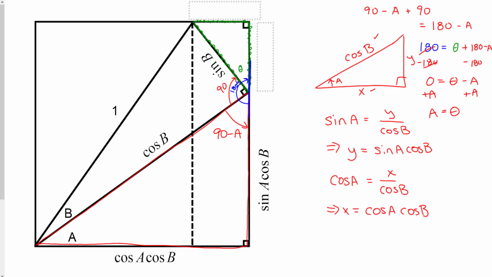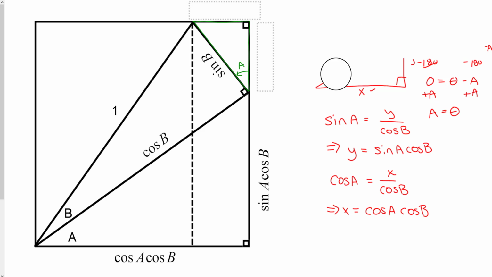So let me get rid of all the extraneous stuff here that I don't need. So I have my green triangle that I'm concentrating on now. This angle is A. All right, let's work with that. So we'll get rid of all this stuff.